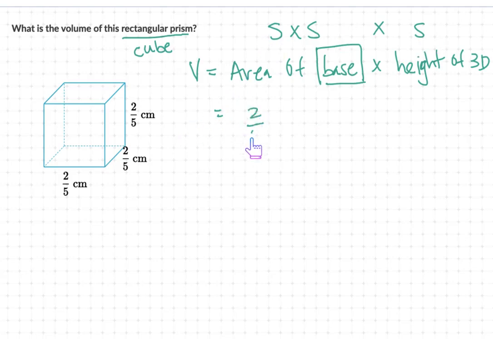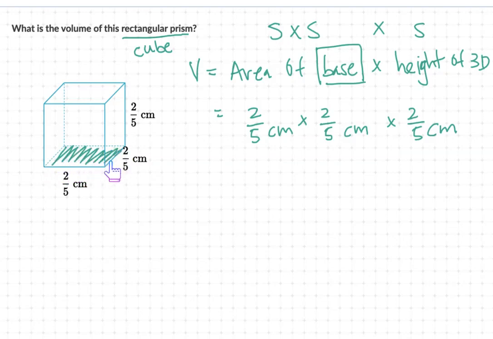So you're really just doing 2/5 centimeters times 2/5 centimeters times another 2/5 centimeters. Because the area of the base was 2/5 by 2/5, and then the length was also 2/5. So it's just that same number being multiplied 3 times. Centimeters times centimeters times centimeters gives us centimeters cubed at the end.